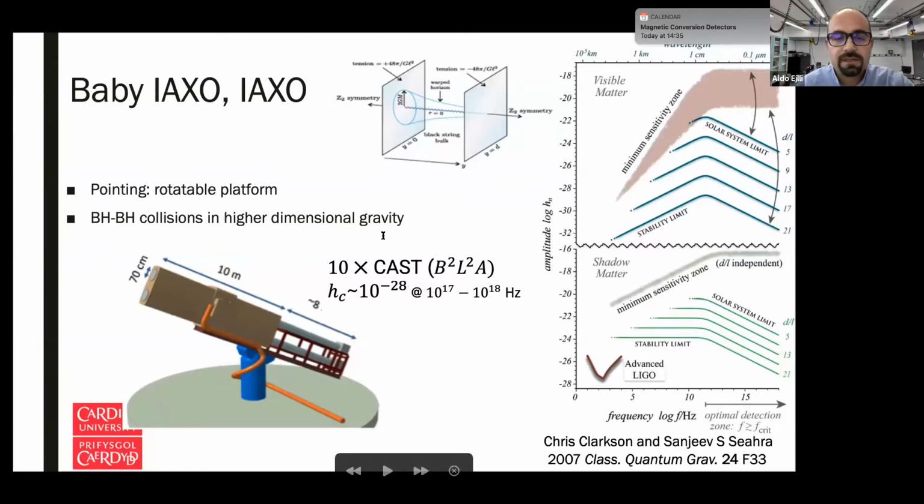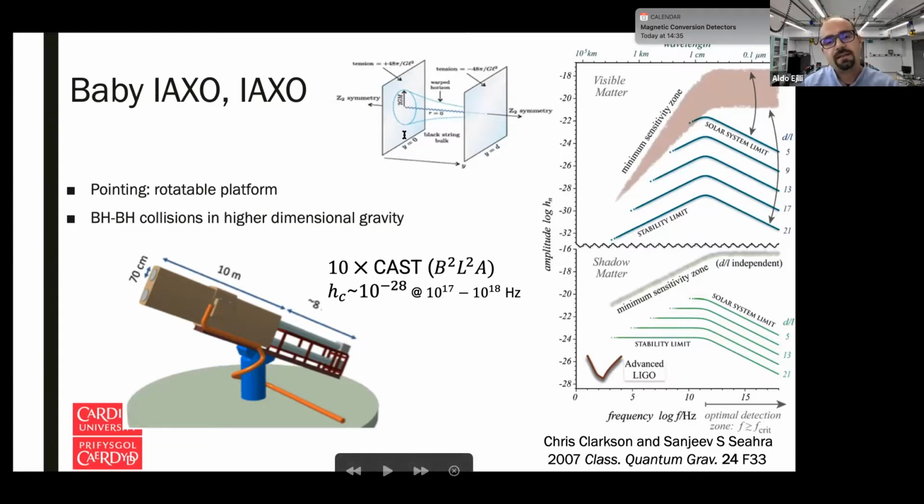We know that in the center of the galaxy we have a big black hole, and we can probe this 5-dimensional theory where the gravity is strong. Suppose that this is the plane where we live, the visible plane, and we have a trigger from LIGO that there is a black hole merger.